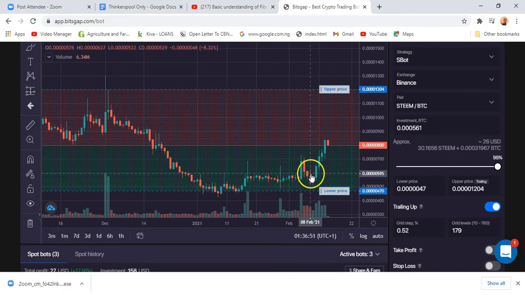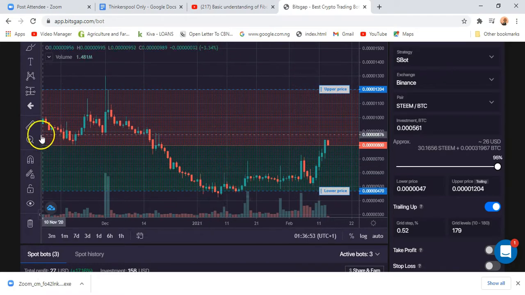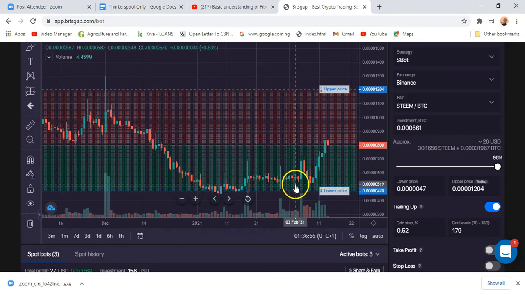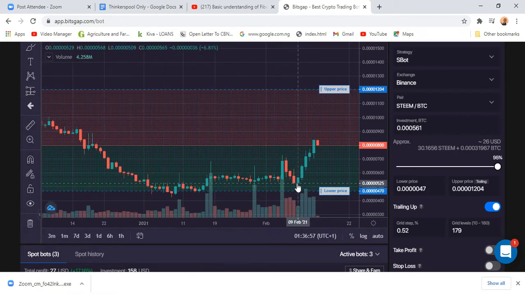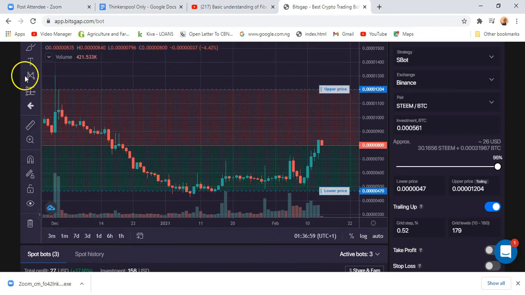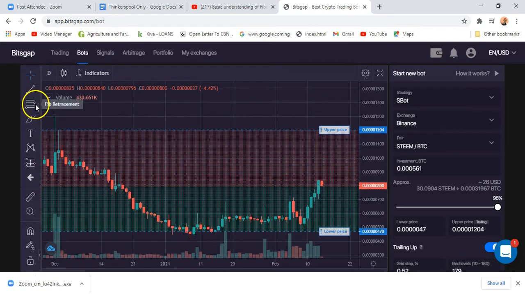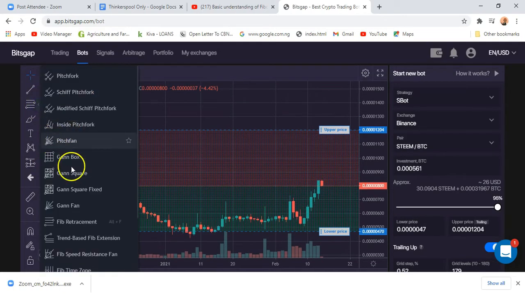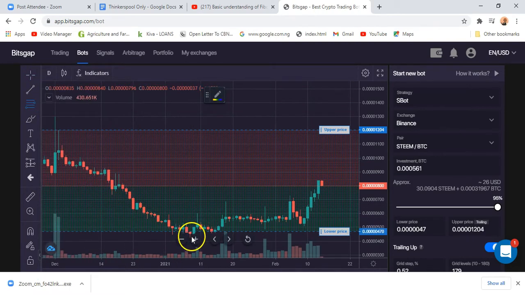Okay, so what I'm going to do now is you can take advantage of this Fibonacci retracement to see what the possible retracement of this coin is going to look like. Okay, so I will come here, then scroll to Fibonacci retracement.